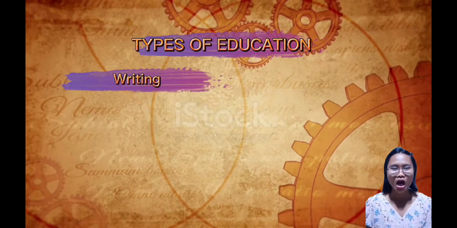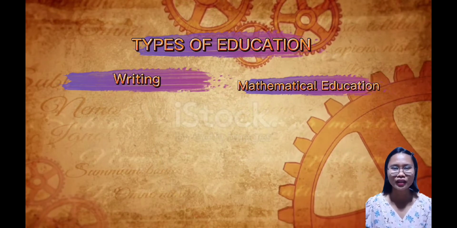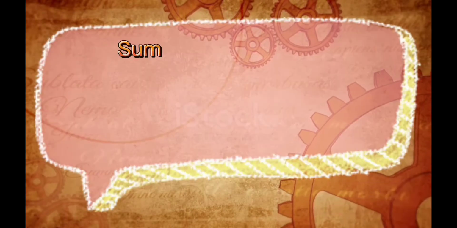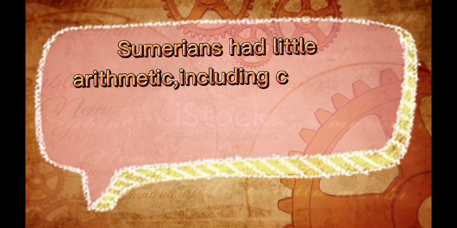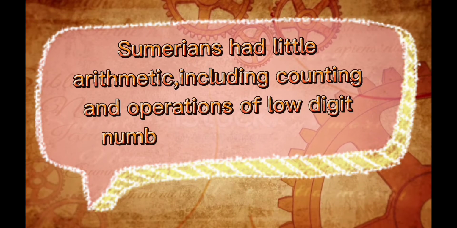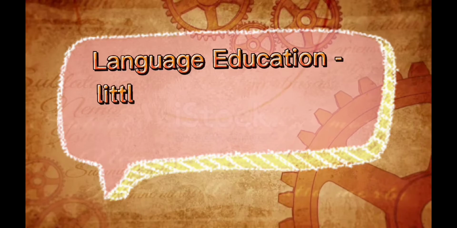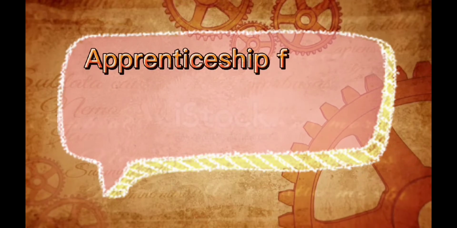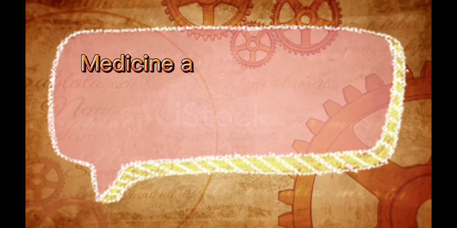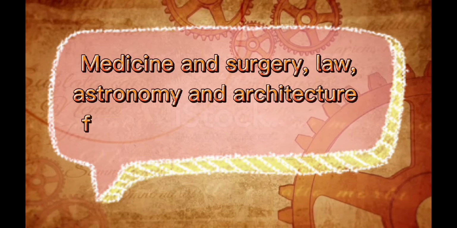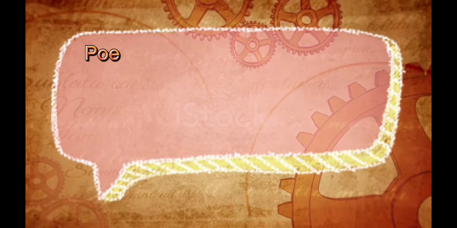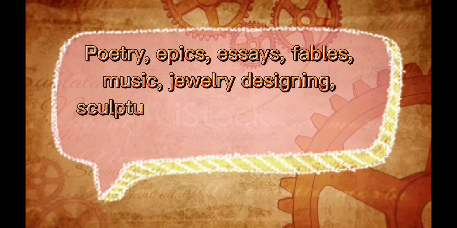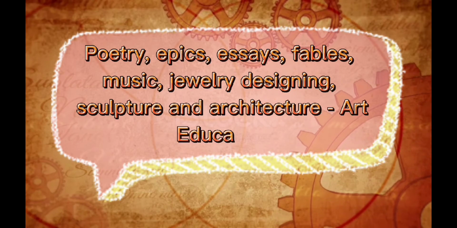Types of education: writing, mathematical education, language, vocational, professional, and art education. Sumerians had little arithmetic, including counting and operations of low-digit numbers. For language, little grammar, giving names to many things. Apprenticeship for the workers. For the vocational education, medicine and surgery, law and architecture for professional education, and poetry, epics, essays, fables, music, jewelry designing, sculpture and architecture for art education.